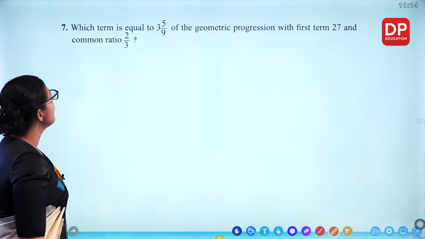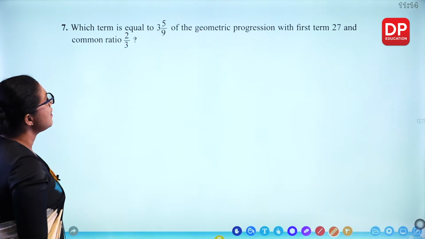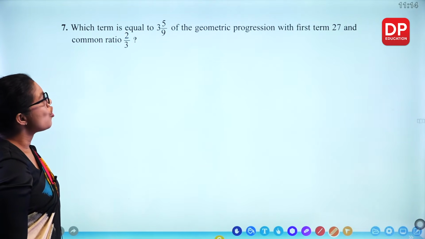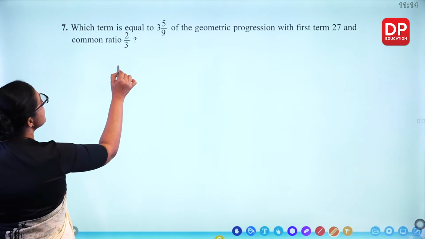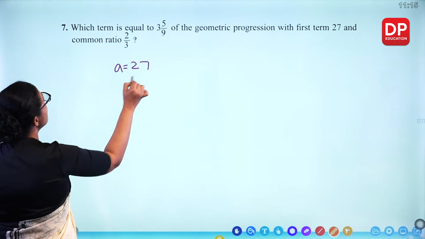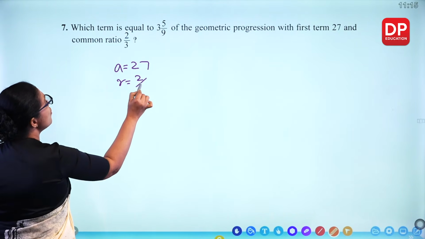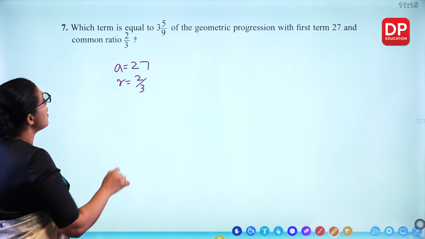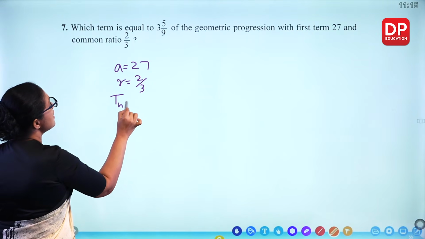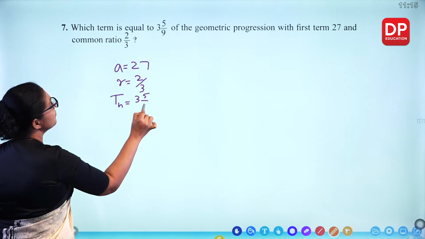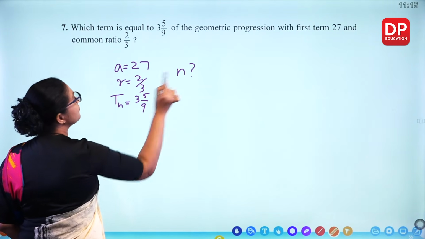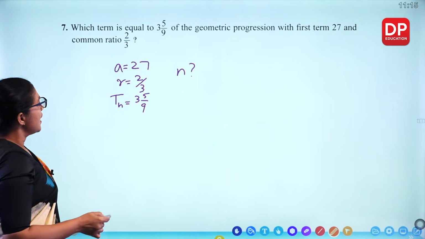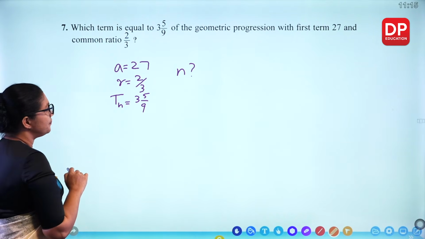Question number 7. Which term is equal to 3 5 over 9 of the geometric progression with first term 27 and the common ratio 2/3? And you are asked what is the n value. Again, take the nth term formula.